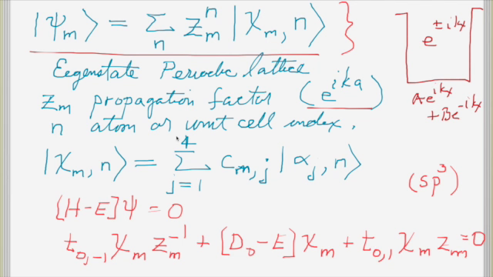And the thing in the ket is a periodic part that gets repeated every unit cell. So we said if we're using an sp3 basis, then it would just be some weighted sum of your sp3 orbitals on each atom. That's what we wrote down there. Then you stick that form of psi into Schrodinger's equation, write it out like in the bottom line, and you get this equation with the chi's and the propagation factors for each mode.